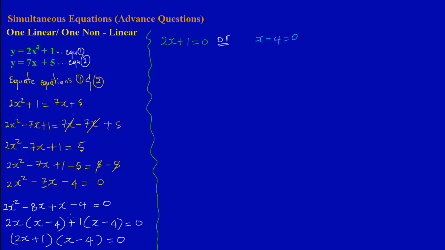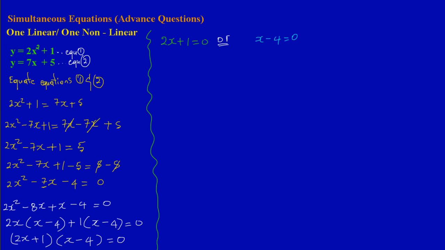Basically, I took out my two factors, 2x plus 1 and x minus 4, and equated each to 0, because when working with a quadratic we know we should always have two solutions for x.